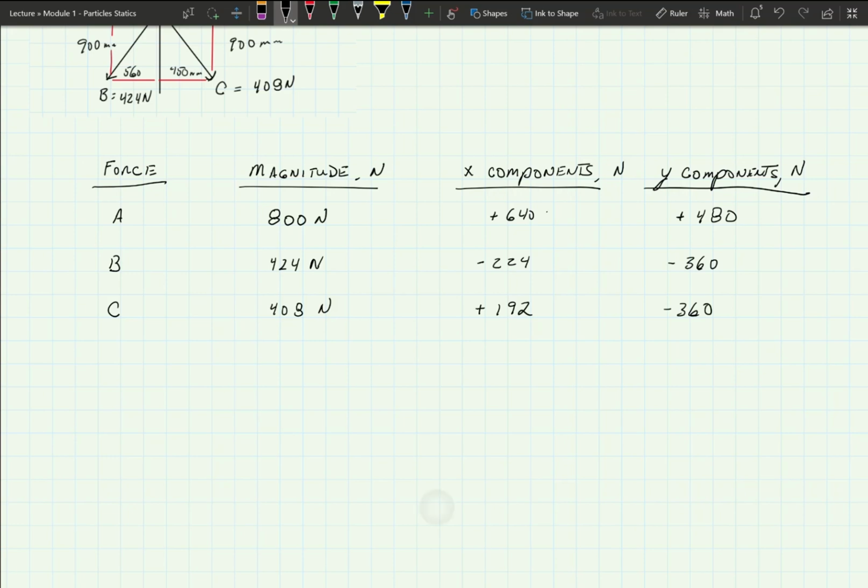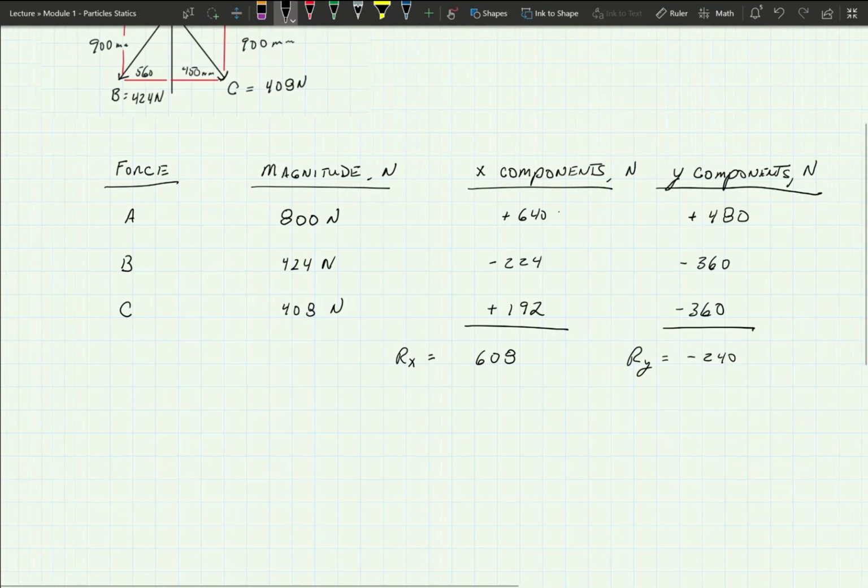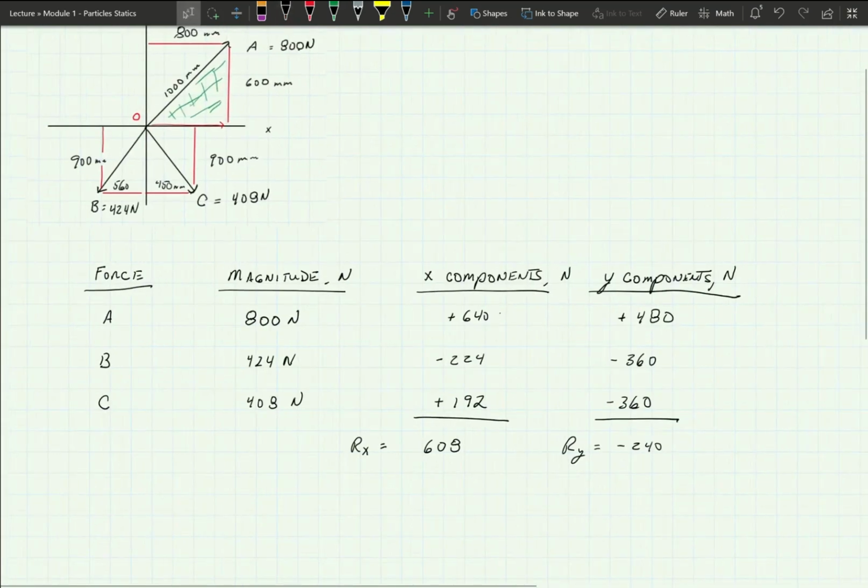Now, if I look for R of x, basically I'm going to sum that, and R of y is the sum of that column. So when I get all done, I should wind up with 608, and over here I'm going to wind up with negative 240.